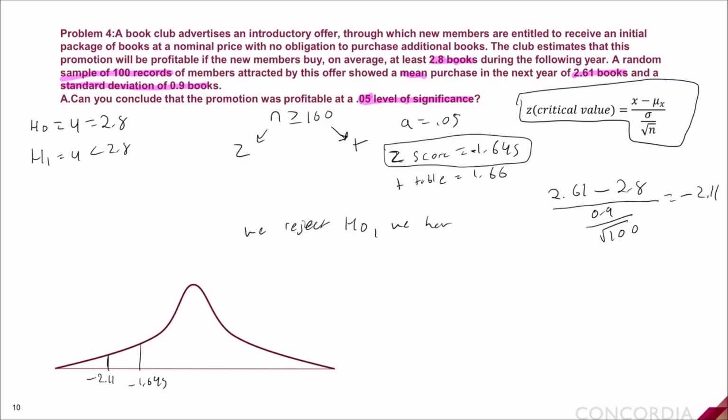We have sufficient evidence to prove H1, that the true mean is below 2.8. Therefore, that would mean that this project is not profitable.